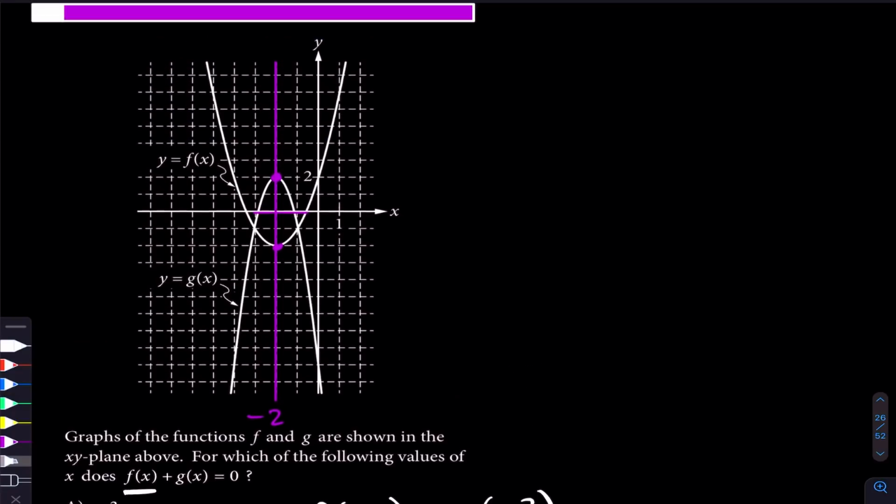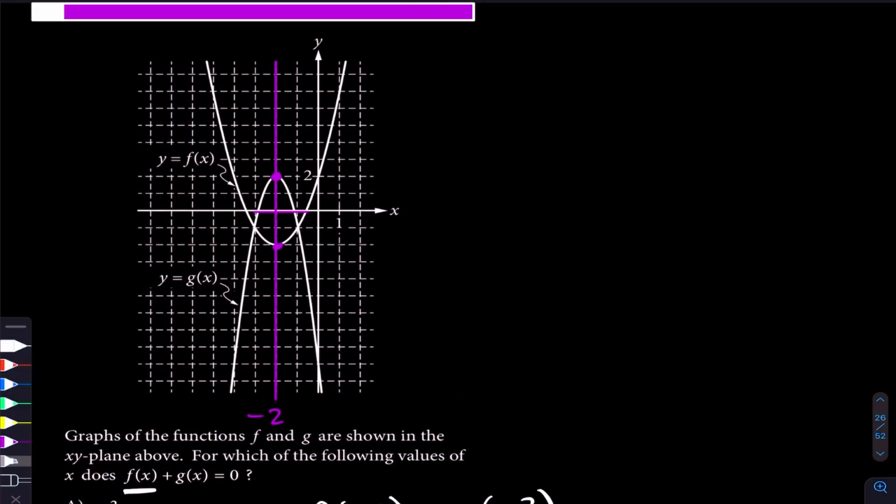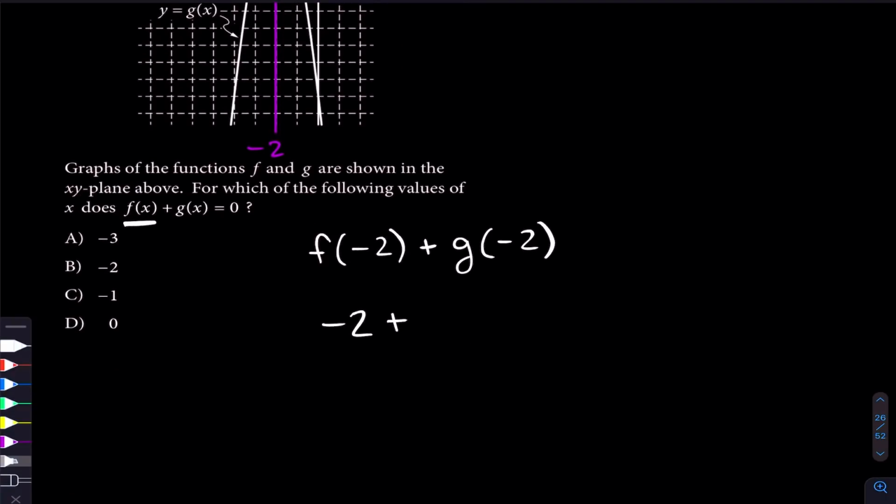And the y value for the g graph at x equals -2 is +2. So these indeed equal 0 when you add them together. Remember what the problem's asking for: the value of x where this occurs, and that happens at x equals -2. So the answer we circle is choice B.